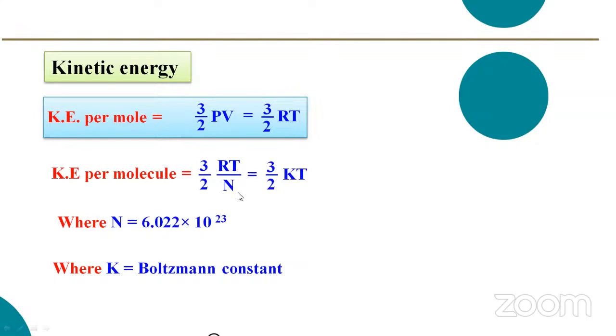So 3 by 2 RT by N is equal to 3 by 2 KT. K is what? Your Boltzmann constant. T is your absolute temperature. So when you're finding per mole, this is the equation. When you're finding for per molecule, this is the particular equation.